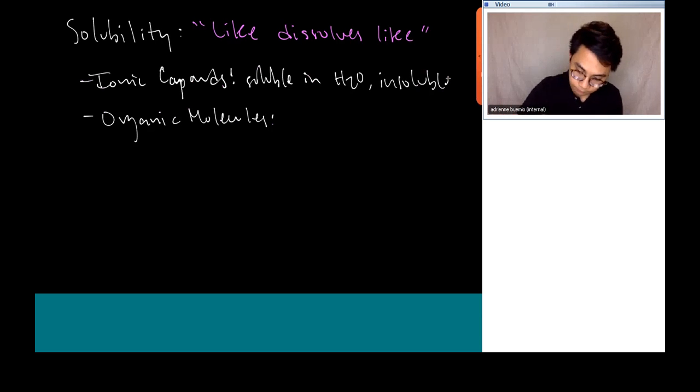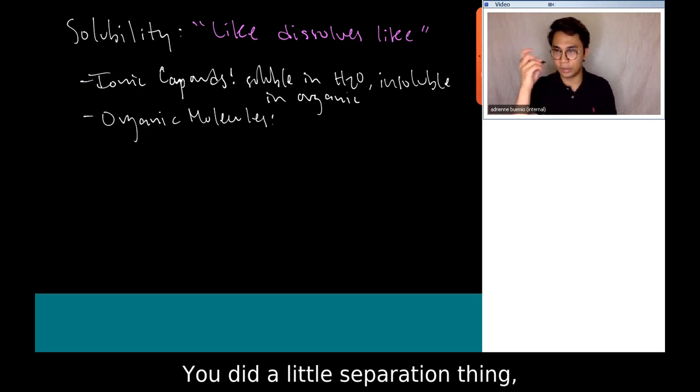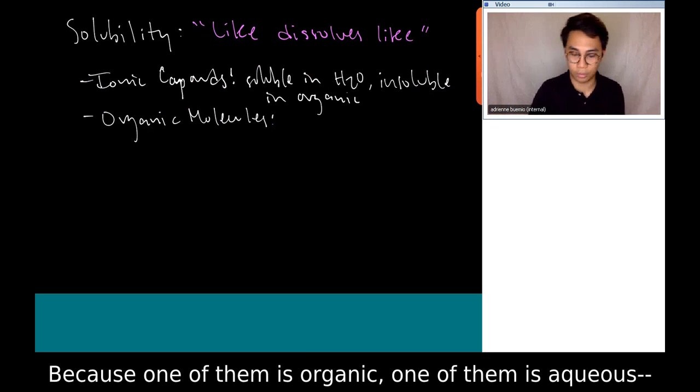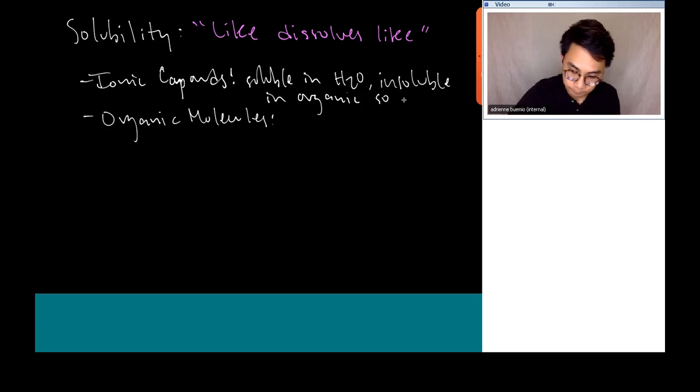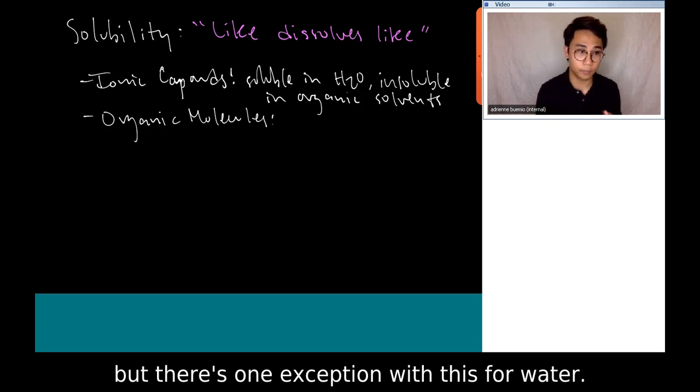This is kind of like in lab, you did a little separation, and that's what's happening here, because one of them is organic, one of them is aqueous, and organic solvents. And then organic molecules are obviously the other way around.